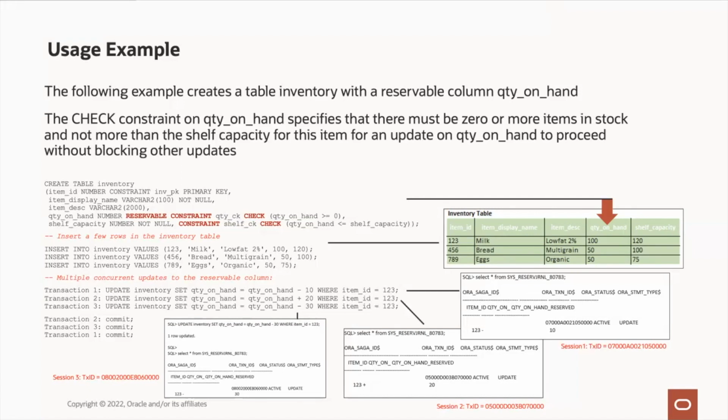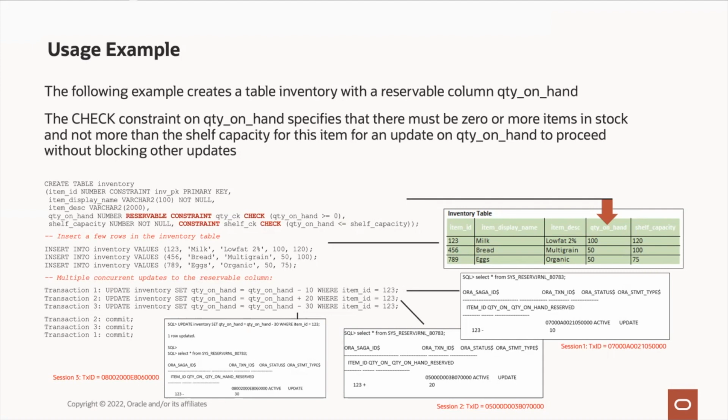Remember, these amounts are promised and reserved until the transaction either commits or is rolled back. So instead of this first transaction locking the row and blocking other transactions until it commits, we can now have 2 more transactions take place while the 10 item amount continues to be promised and reserved to transaction 1.